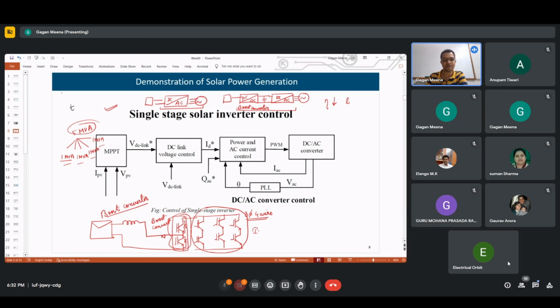We have analog signals, voltage and current, three phase quantities, and these are sinusoids. Correct? We can operate with sinusoids also, but the simplest and most widely used controller is the PI controller.